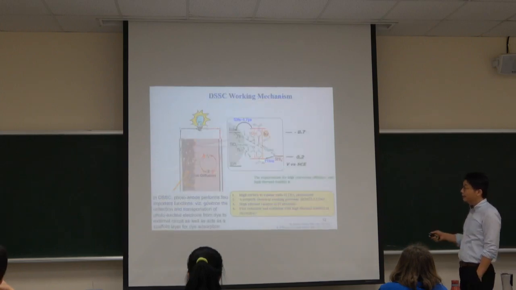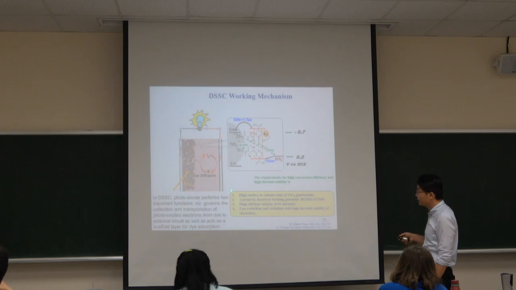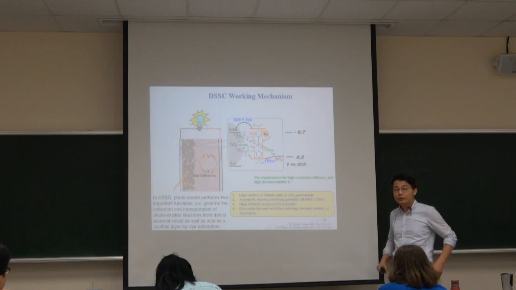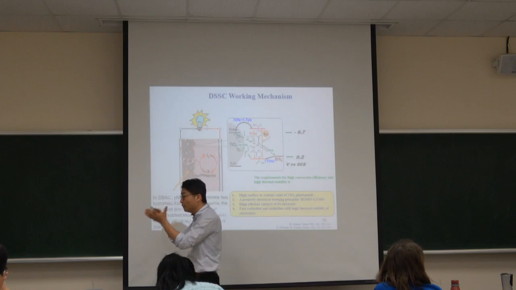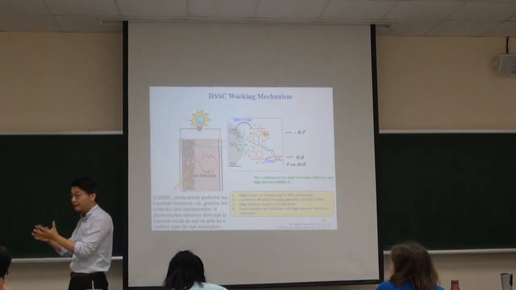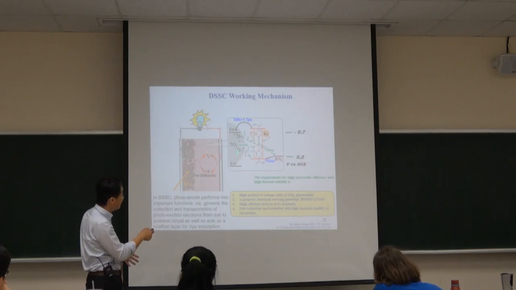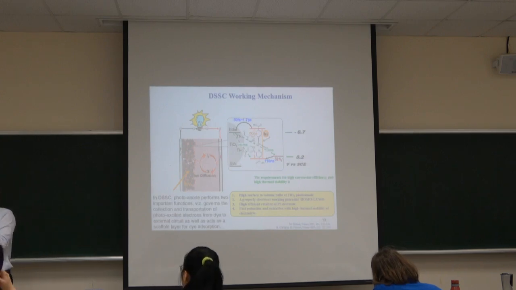We already talked about this mechanism, but please remember the key points, these 4 points. The major advantage of the DSSC is the high surface to volume ratio of the TiO2 photoanode. Each nanoparticle can deposit a monolayer of the dye, so each particle can be regarded as a single solar cell that can provide charge transfer.